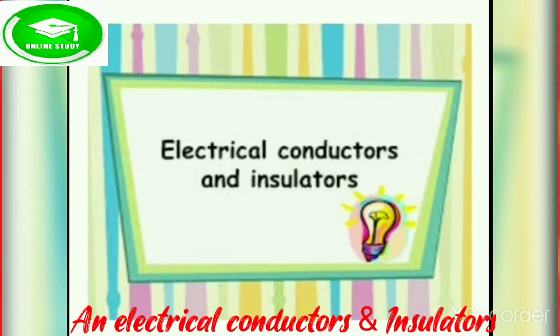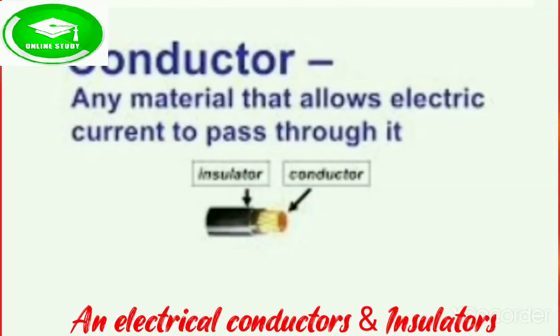Children, different elements used in making an electric circuit, such as wires, bulb holders, and terminals of a battery, are made up of different types of material. Such materials we call conductors and insulators. The first type of material is the conductor.